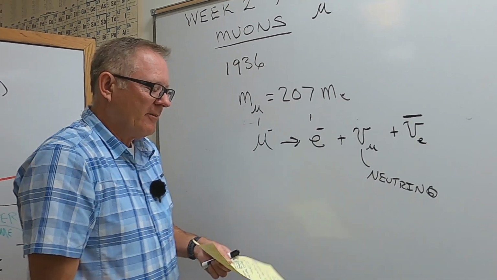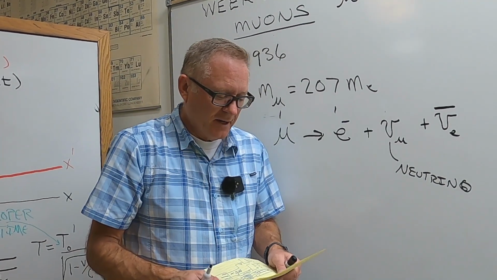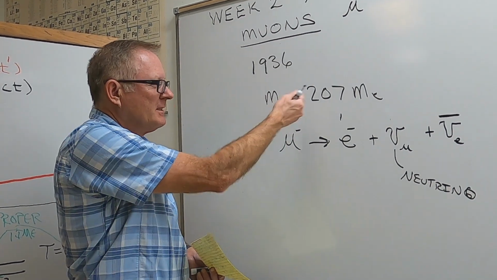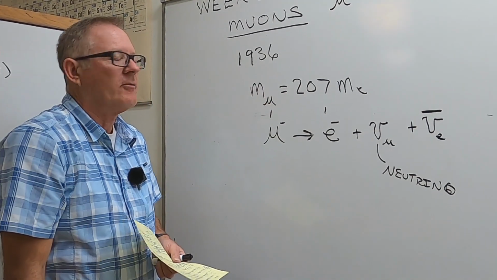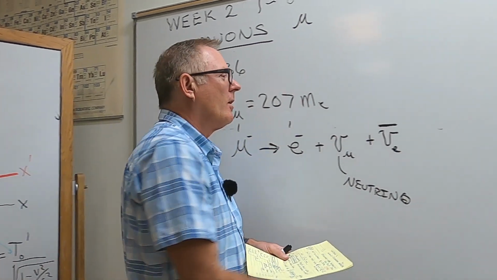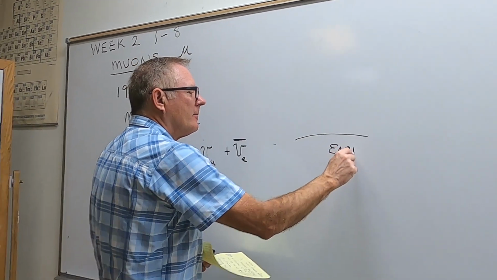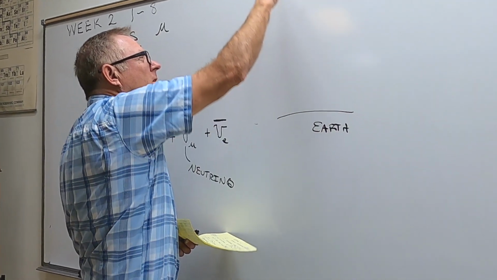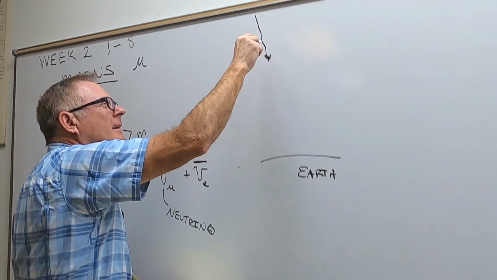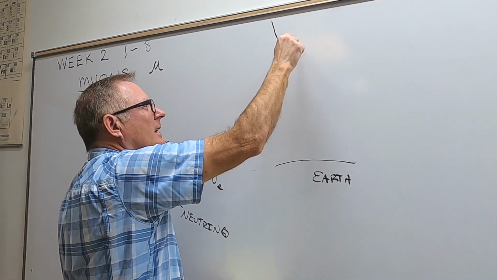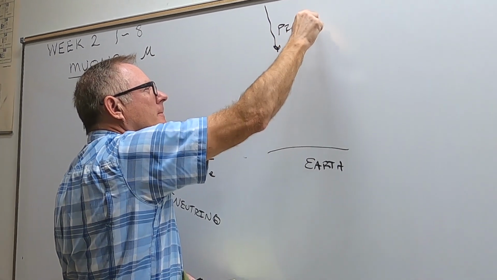And it does it fairly fast. Suppose you wanted to measure the half-life of this material right here. Well, first of all, where are you going to find muons? If this is the Earth, way above the Earth, in the upper atmosphere, you've got cosmic rays coming in, let's just say fast protons.